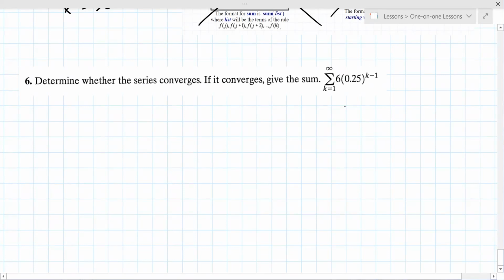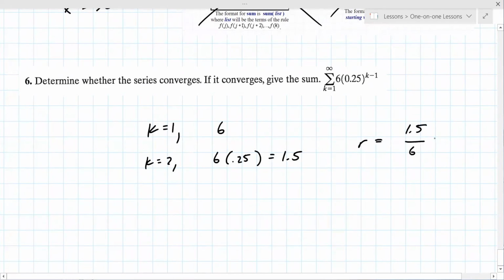But if you were to write out a few terms, if you were to let k equals 1, you would find that the first term is 6, and if k equals 2, the second term is 6 times 0.25, which is 1.5, and you would say, oh, I wonder if this is geometric, and yes, it is geometric. Now, if the absolute value of r is less than 1, then it converges.